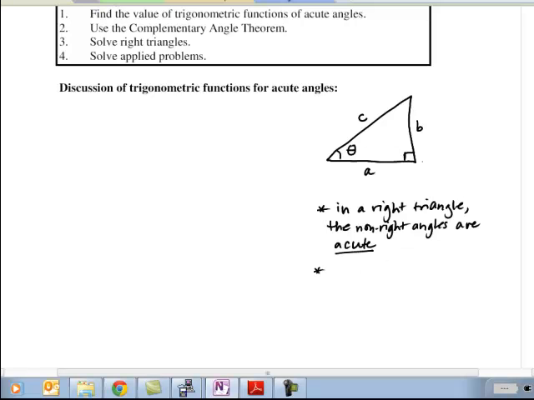Also remember that for the sides of a right triangle, we know that a squared plus b squared equals c squared.